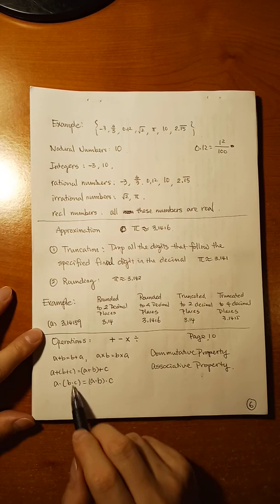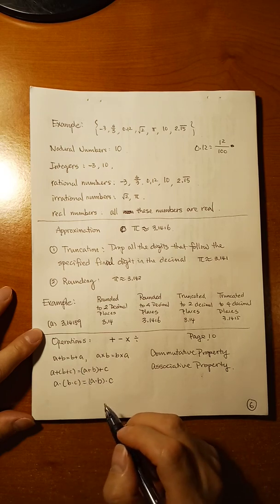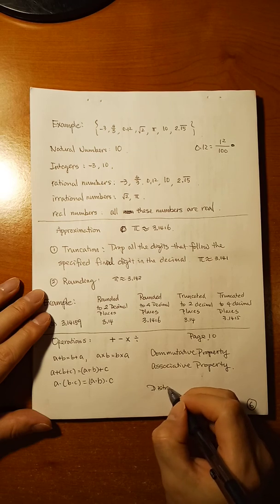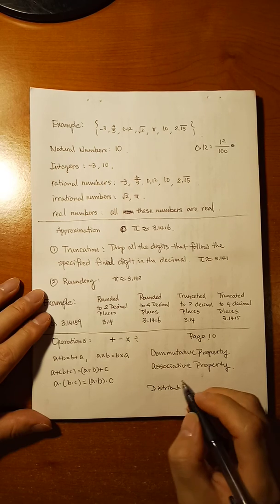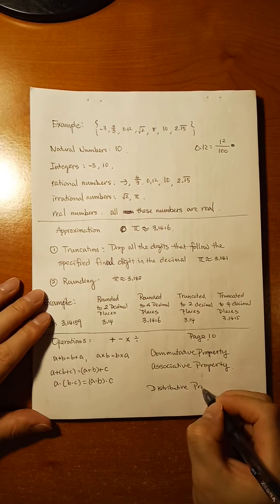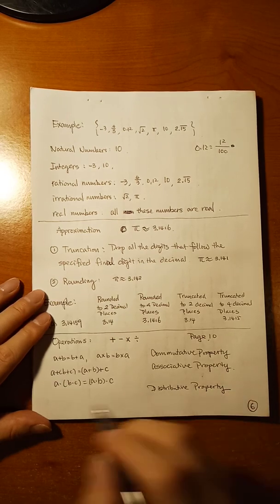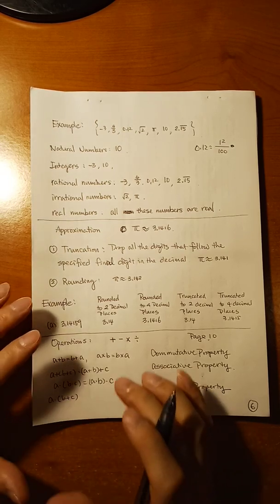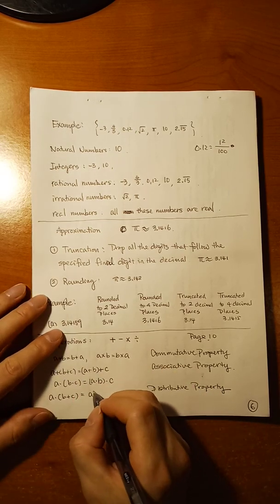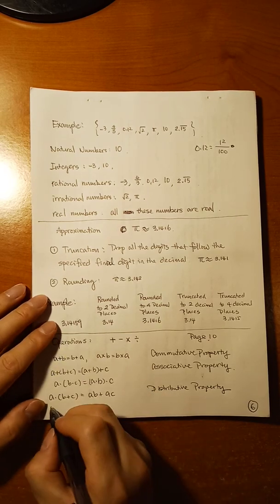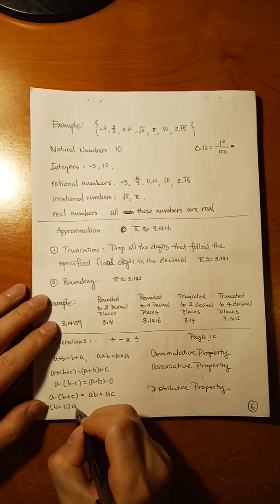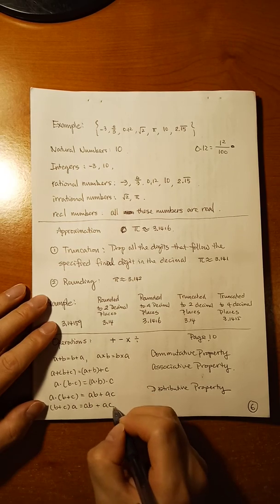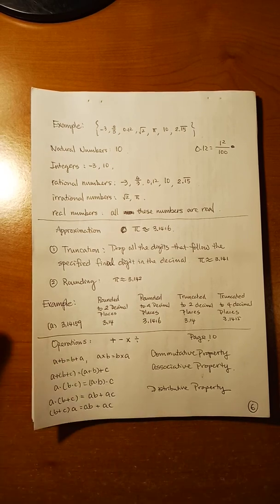And then you have the interaction between the addition and the multiplication. That's the distributive property. Distributive property means if you have A times the brace B plus C, then it is equal to AB plus AC, and the order does not matter for the multiplication.